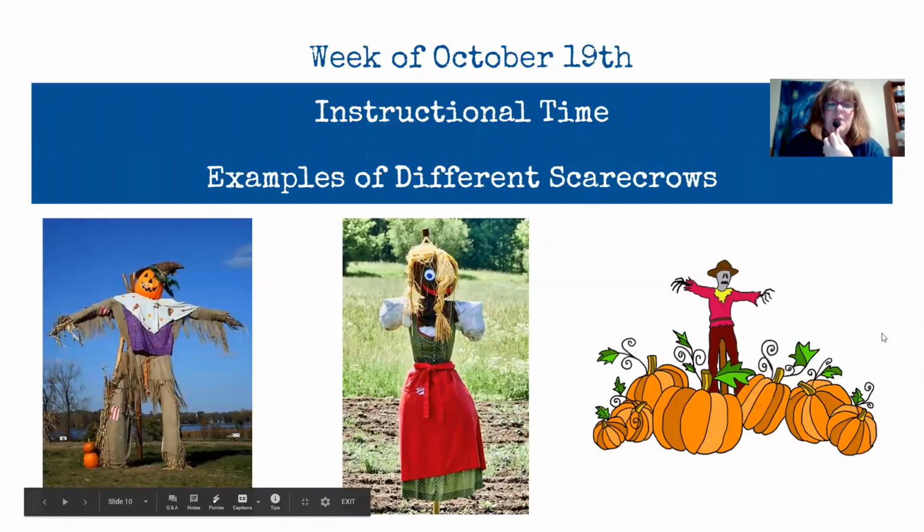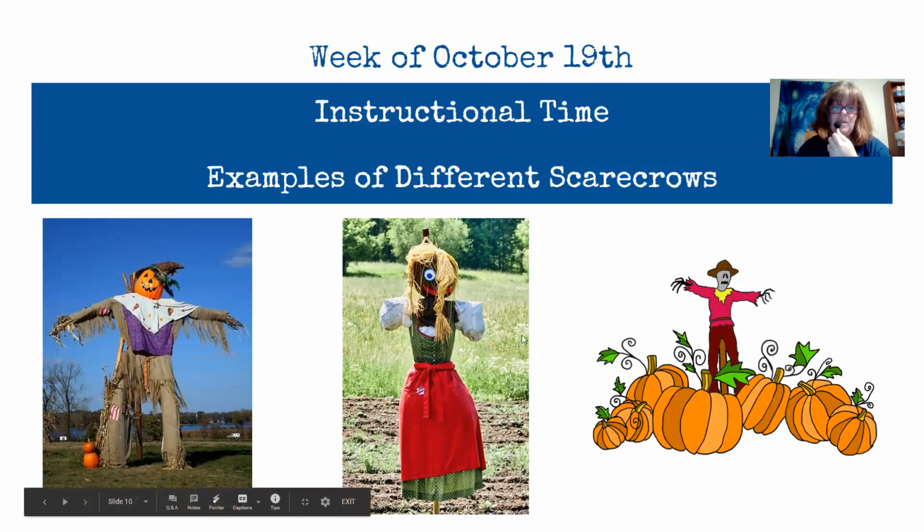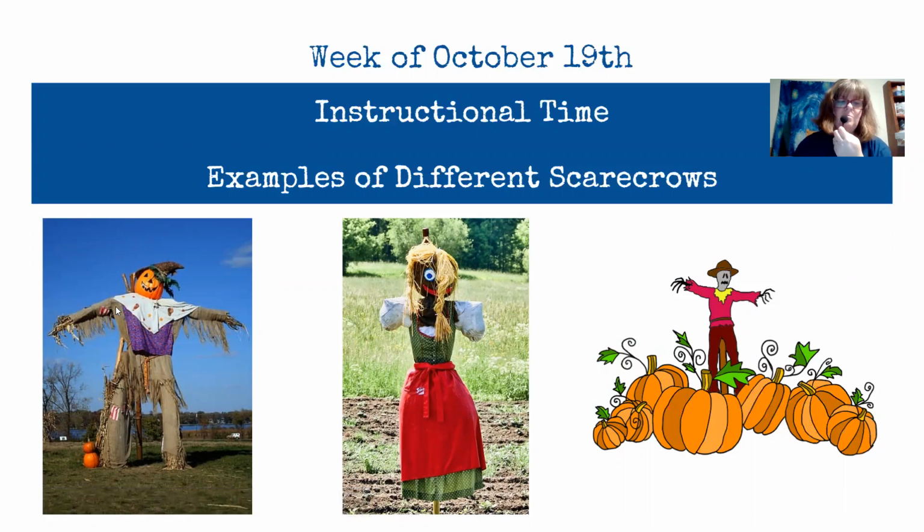Here's some more examples, and they don't always come in the same shape and size. Some of them may not even have arms, like this middle one. I guess they didn't have a stake or a pole to use, but most of the time these are on stakes, and like the one on the left, they have almost a cross shape, so that the arms are filled, but that also supports them when, like you saw in the story, a rope or something will bind them to the post so that they won't blow over.